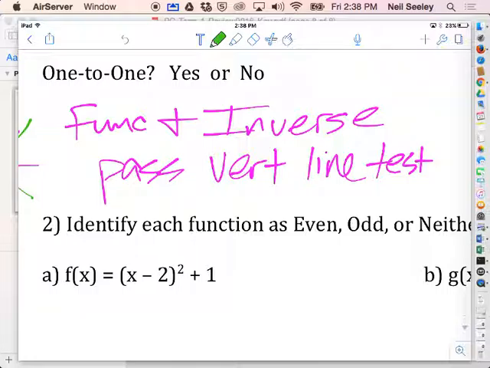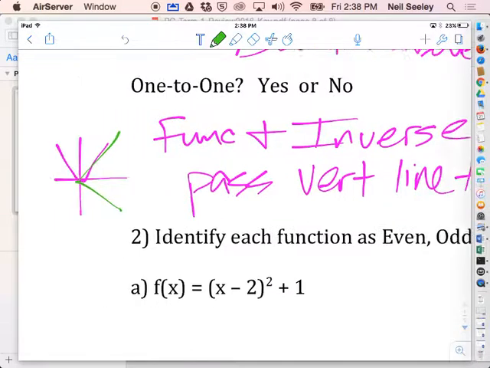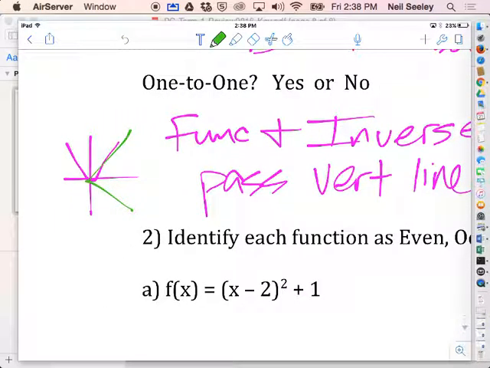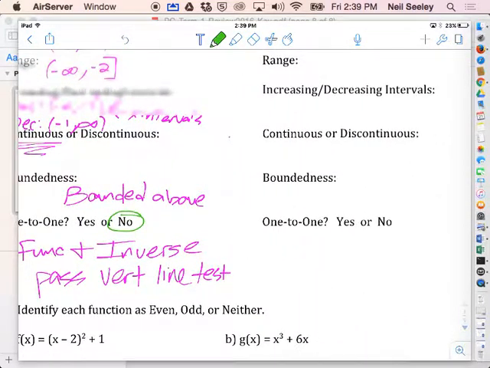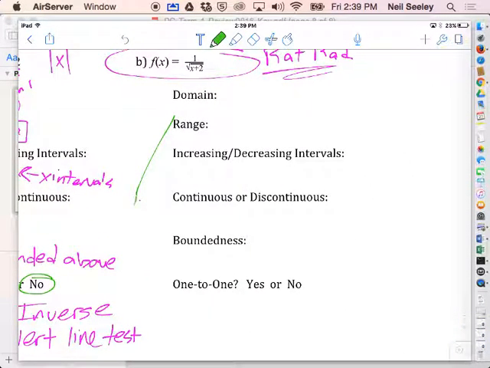They both need to pass the vertical line test to be 1-to-1. This one does not. Original definitely does, inverse does not, so I'm going to say no. Niet. I think that's Russian, right, for no?